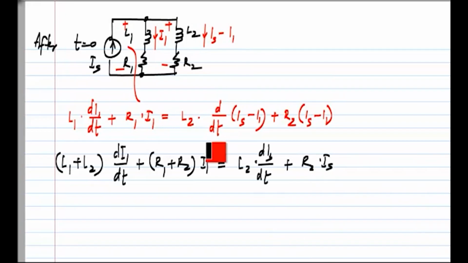And I will normalize it so that the term without the derivative, the 0th order term on the left hand side, has a coefficient of unity. So, that lets me read off the time constant. So, I divide all terms by R1 plus R2.